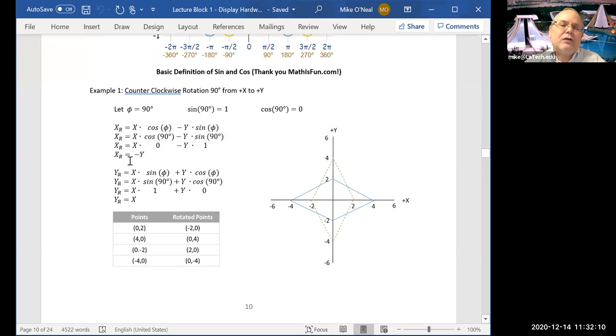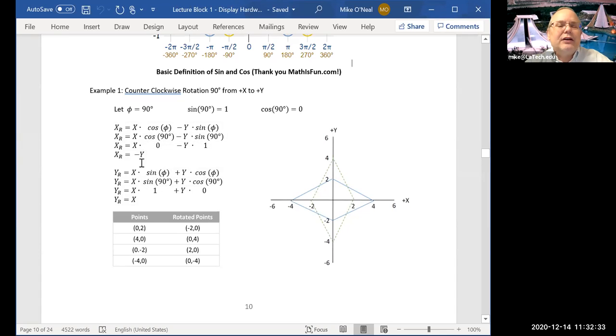So in this case, x rotated is just minus y. And y rotated is also, because our angle is 90 degrees, x times 1 plus y times 0. So the y goes away, and y rotated is just x.